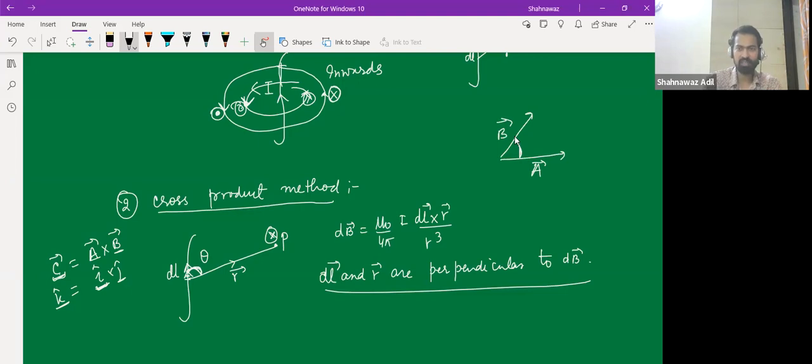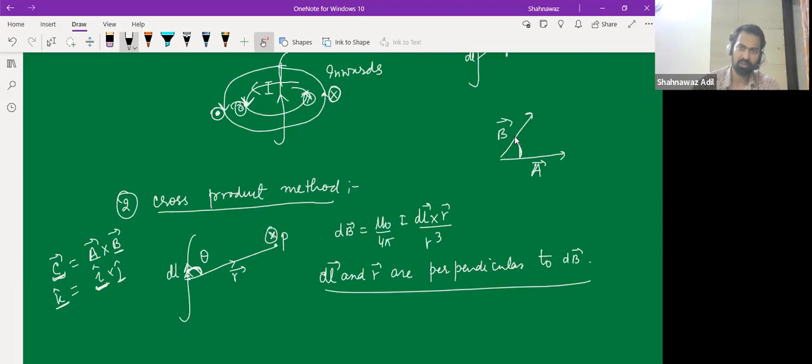I place my palm in the direction of A, and then I move to B. Whatever direction the thumb points out is the direction of the cross product. This we learned in the vector class, cross product. Is that clear?